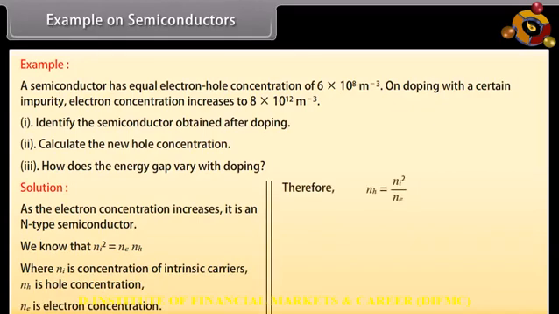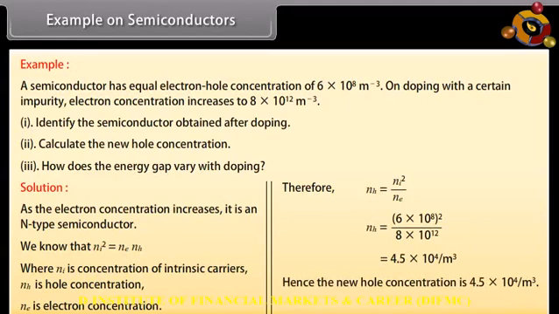Therefore, NH is equal to Ni² divided by Ne. On putting the values, we get NH is equal to 4.5 × 10^4 per meter cube. Hence, the new hole concentration is 4.5 × 10^4 per meter cube. With the doping, energy gap decreases.